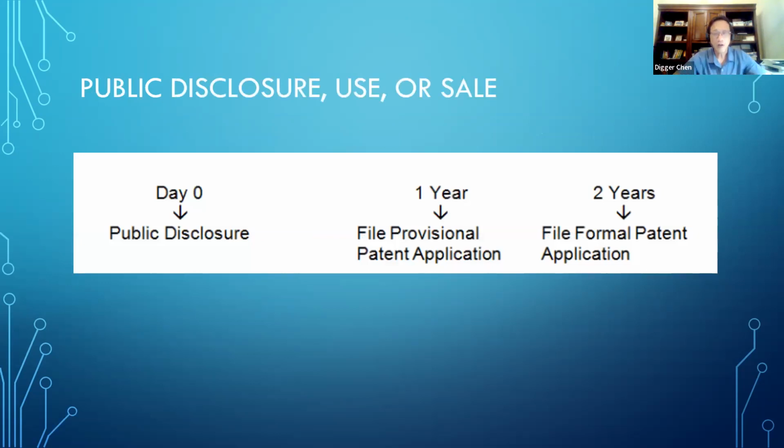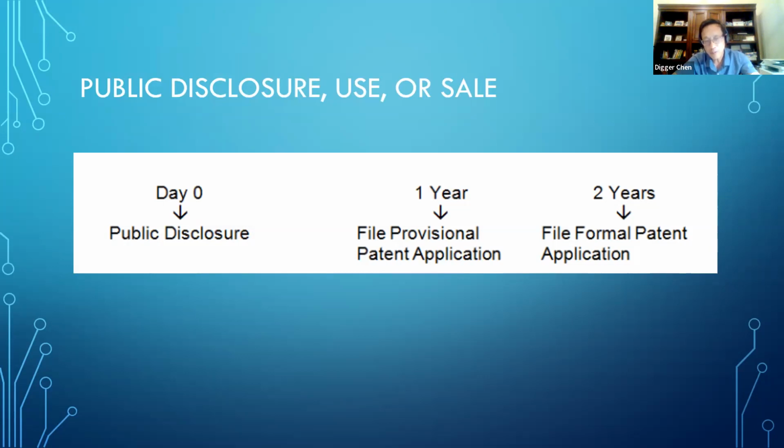So here is what is called public disclosure. For example, you design a robotic arm using novel methods. You don't have time to write it up, and you already present it in a Zoom meeting, or you publish it in some journal or on your website, for example.